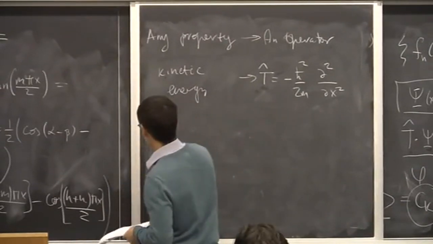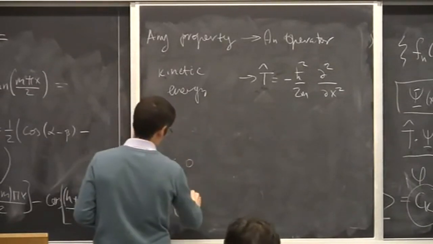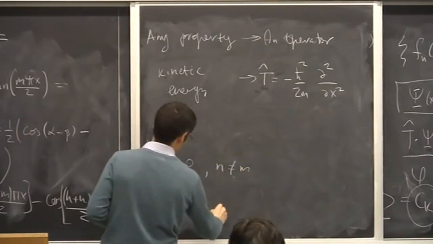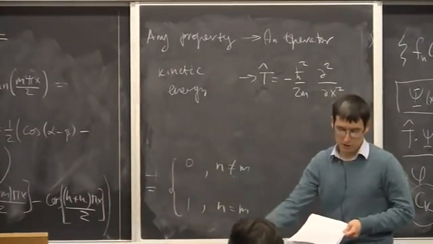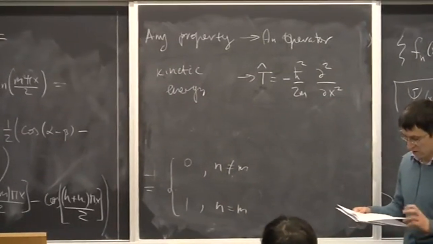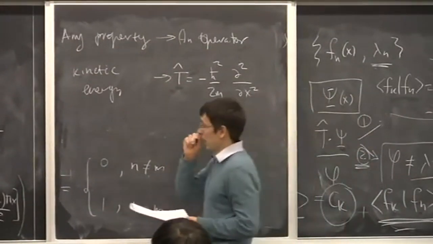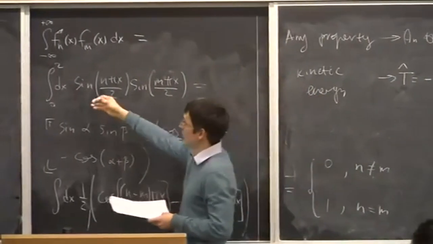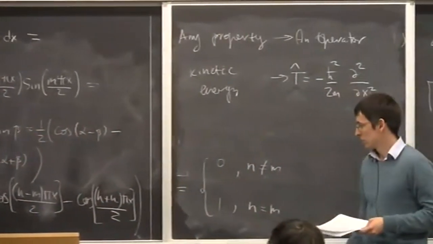These integrals essentially are equal to either 0 or 1: 0 when n is not equal to m, and 1 when n equals m. So by just doing this straightforward calculus of the one-dimensional integrals, it's easy to show, if you know how to integrate, that the functions are orthonormal, right? So if we define the inner product of two functions as an integral, then indeed we get these relations.